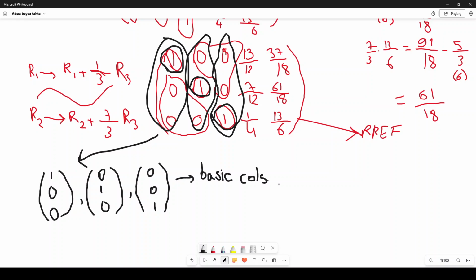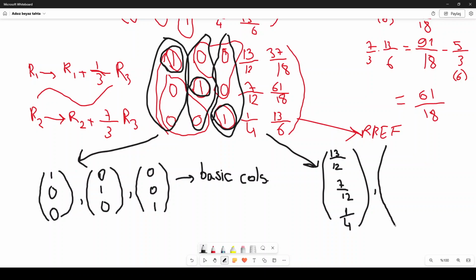Alright. And how about the non-basic ones? The remaining two columns are non-basic columns. So in other words, the fourth column, right, and the fifth column are the non-basic columns. And if you represent them by this vector 13 over 12, 7 over 12, and 1 over 2, the fourth column and the fifth column are the non-basic columns.